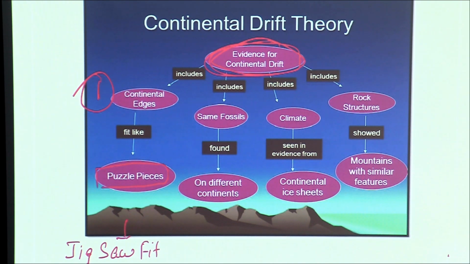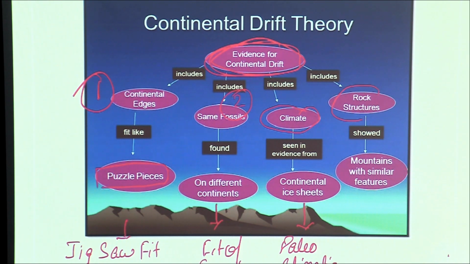Evidence number 1. Evidence number 2 includes the same fossils found on different continents. So I can call it fit of fossils. Then comes climate. The climatic ice sheet, as I said in the NCERT page, we can call it paleoclimatic similarity.